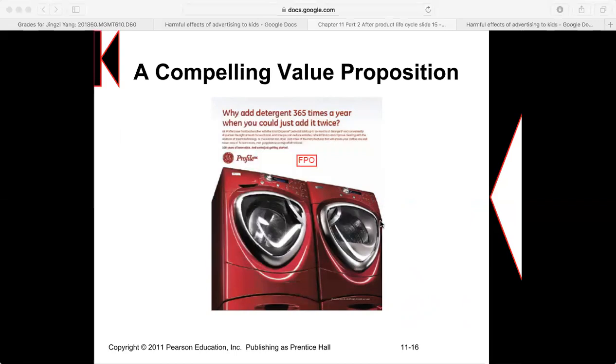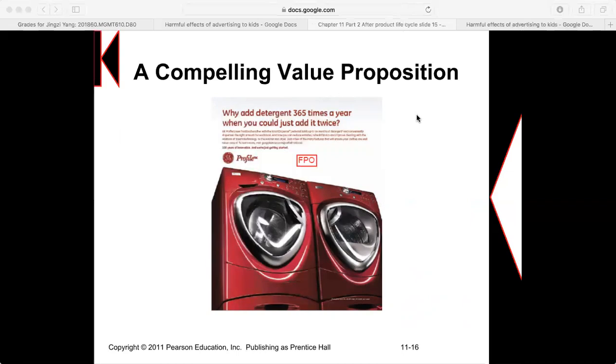And so they really had to market on the value and how in the long run this was going to benefit the consumer. It would optimize the use of soap and water per load, and it was going to reduce waste and save money on their clothes. So they had to market in that way, on how it was actually going to add value.